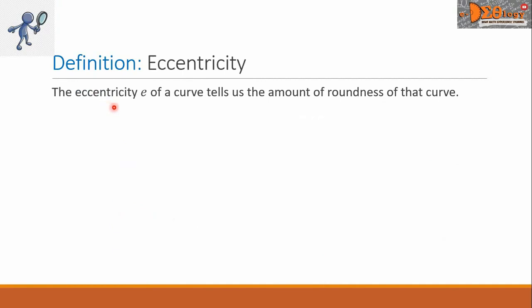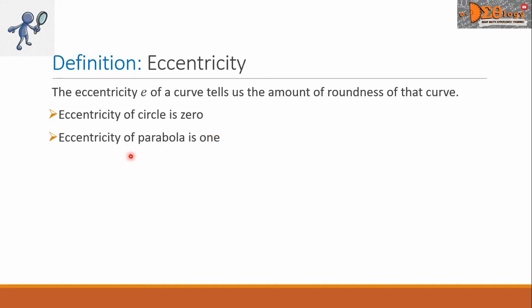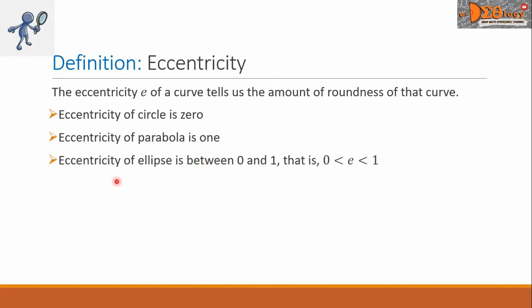The eccentricity denoted by e of a curve tells us the amount of roundness of that curve. Take note that eccentricity of circle is 0. The eccentricity of parabola is 1. The eccentricity of ellipse is between 0 and 1.